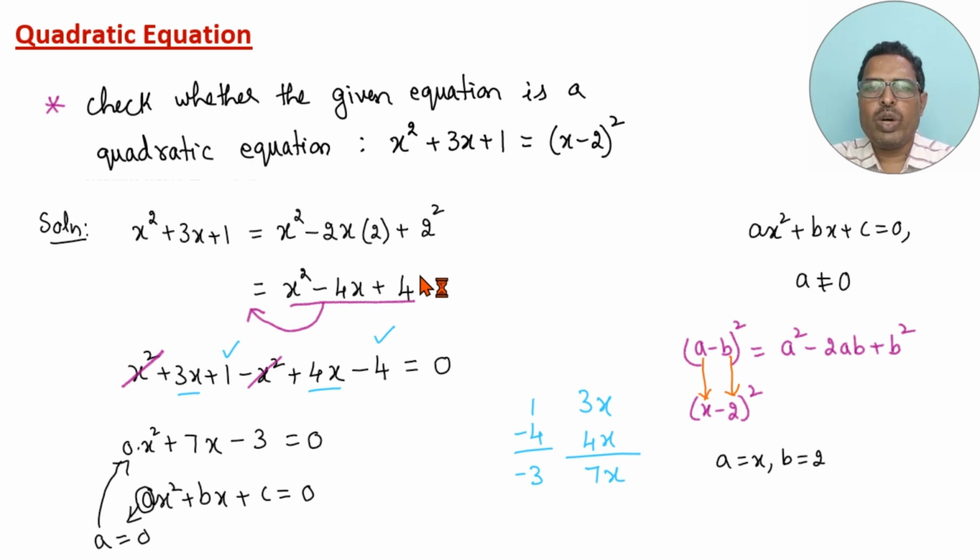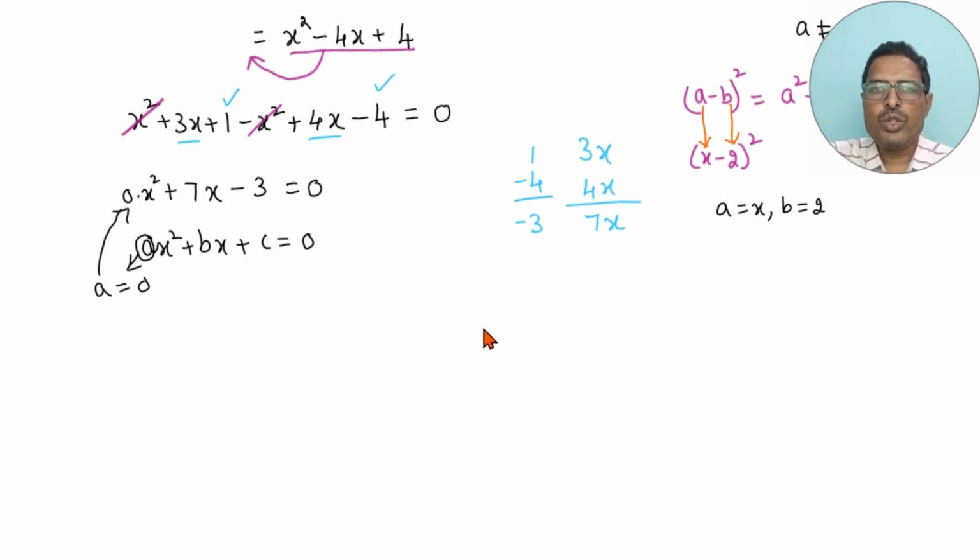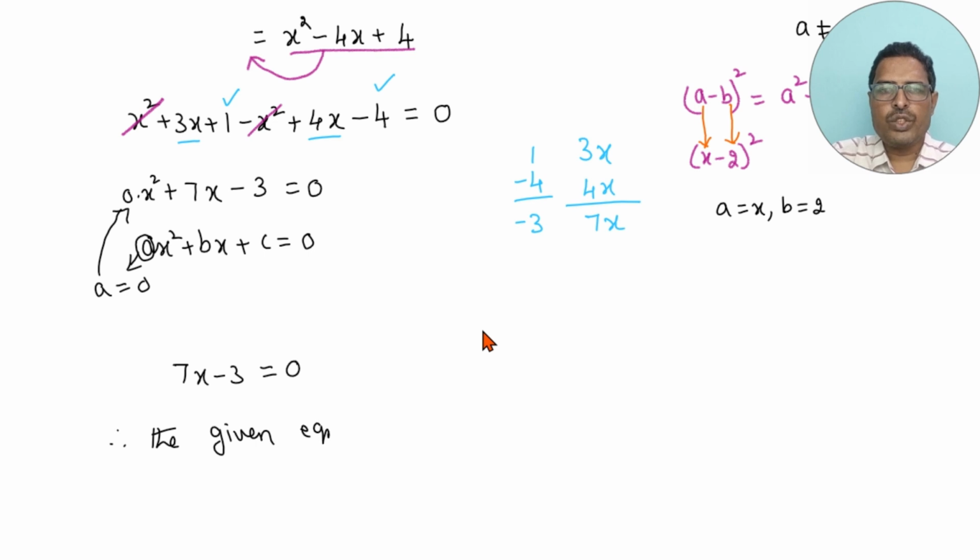So once a becomes 0, the given equation cannot be a quadratic equation. Therefore, the equation 7x minus 3 is equal to 0 is not a quadratic equation. Therefore, we can say that the given equation is not a quadratic equation.